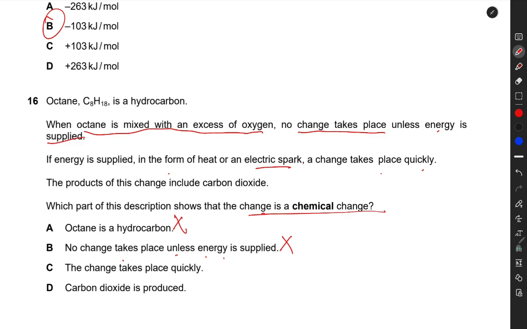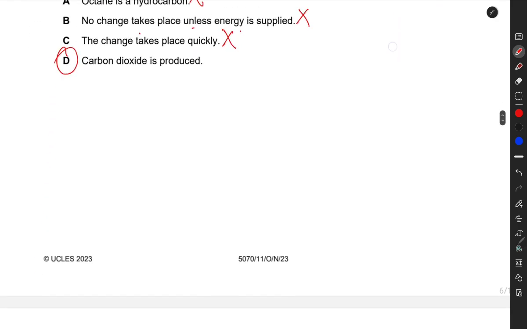The change takes place quickly. It explains the speed of reaction but not the chemical change. Carbon dioxide produced, yes, octane changes into carbon dioxide when supplied with an electric spark. This is the chemical change. So D option is the correct option.